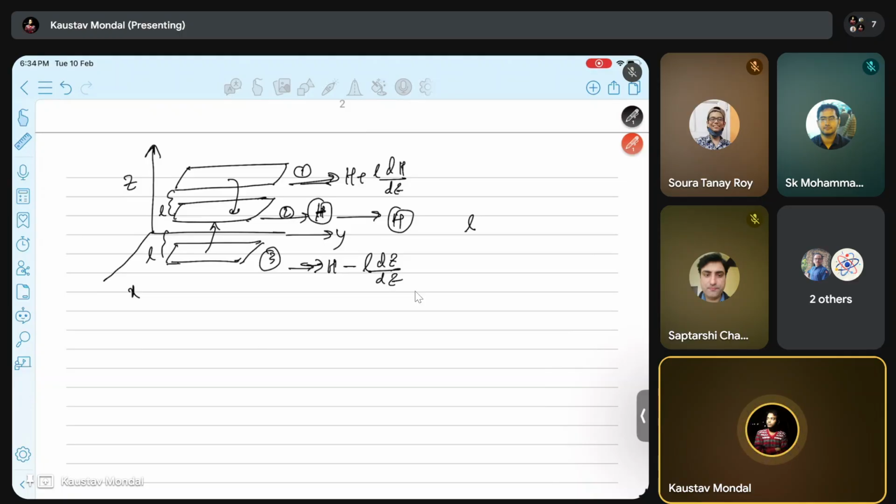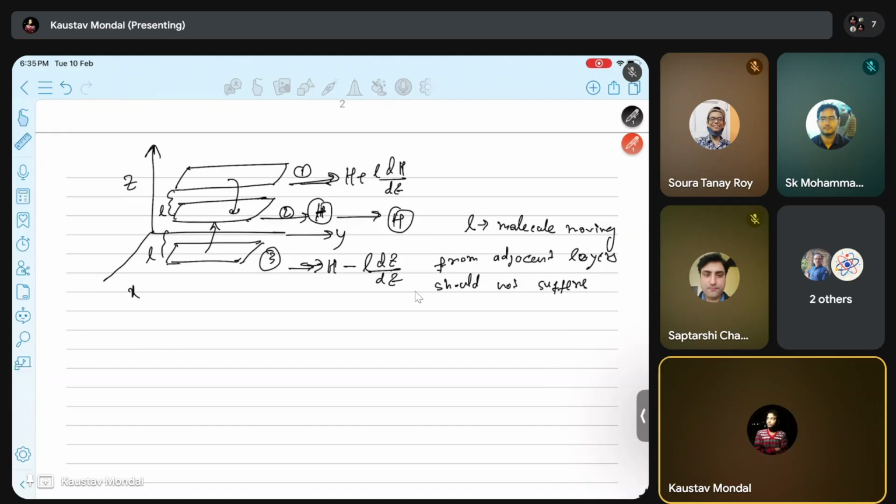The approximation or assumption considered here is that molecules moving from adjacent layers should not suffer any collision in between. So L should be such that molecules moving from adjacent layers should not suffer any collision.